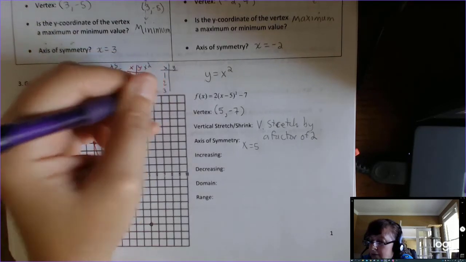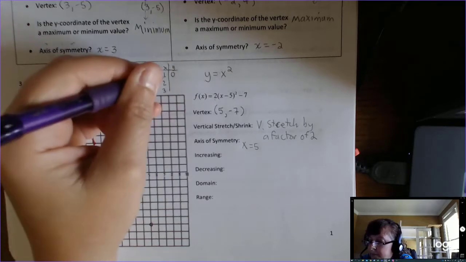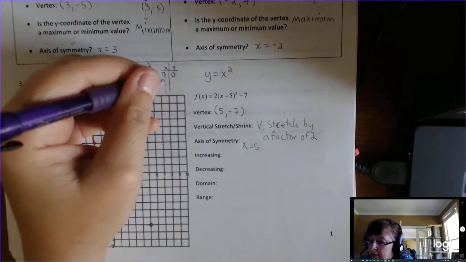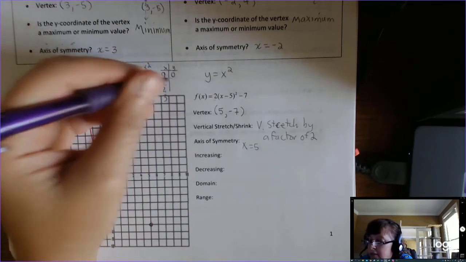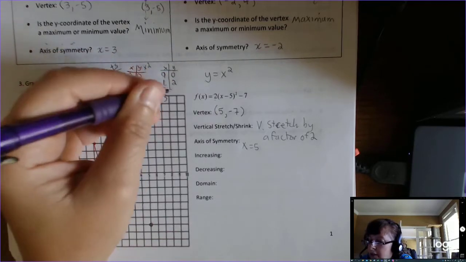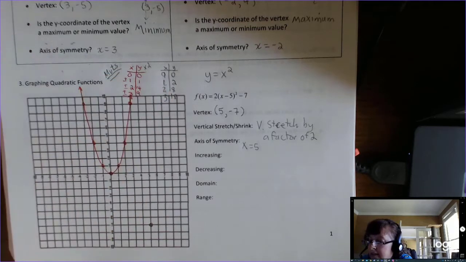0, 1, 2, 3 are my movements, and I get 0 times 2 is 0. 1 times 2 is 2. 4 times 2 is 8, and 9 times 2 is 18.